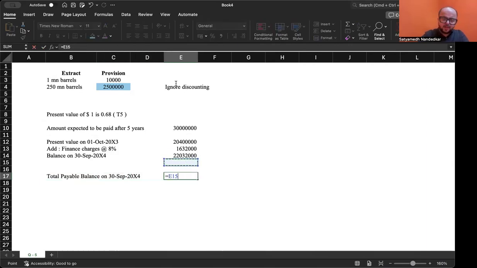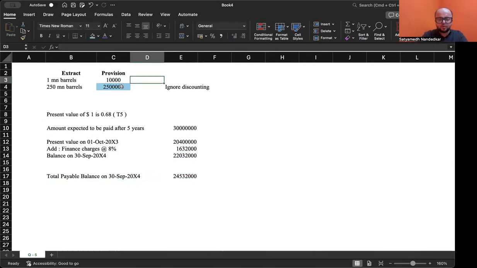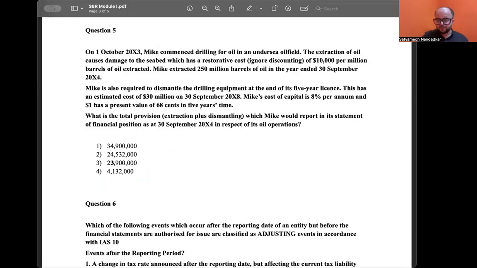The total payable balance is this plus this, which is 24,532,000, which, if I'm not mistaken, is option 2. Okay, so you just have to be a little careful. Specifically, just ignore the discounting part. There is a chance that you will get tempted to unwind the discount. You are not supposed to do that.